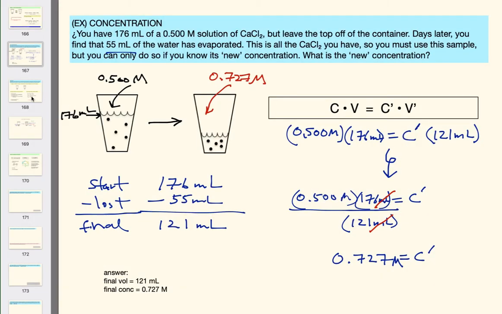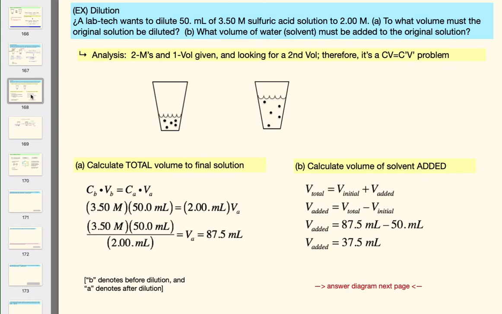Let's do one more. A lab tech wants to dilute 50 milliliters of a 0.35 molar sulfuric acid solution to 2 molar. To what volume must the original solution be diluted?